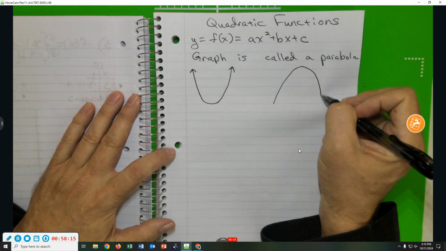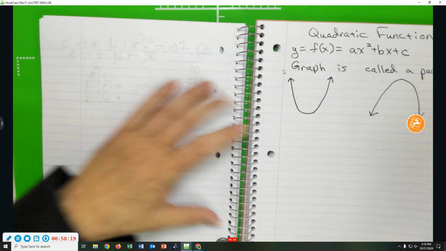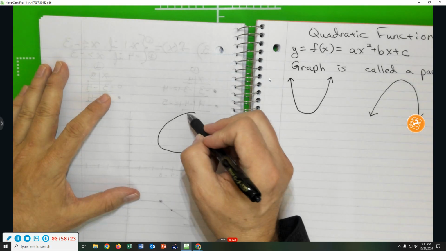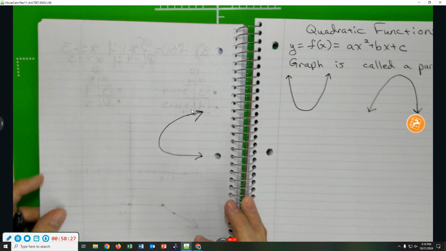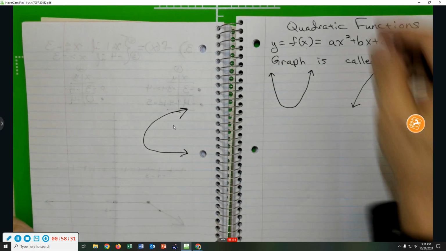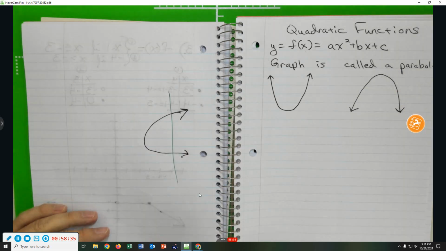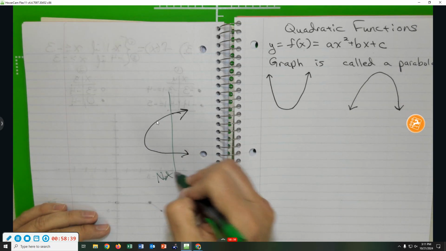I wonder why it can't open left and right when you're talking about quadratic functions. I think they can figure this out. Let's suppose it's opening left and right. Is that a function? We're only going to graph the parabolas that are functions. If the U is laying on the side, is it a function? No, it fails the vertical line test, not a function.